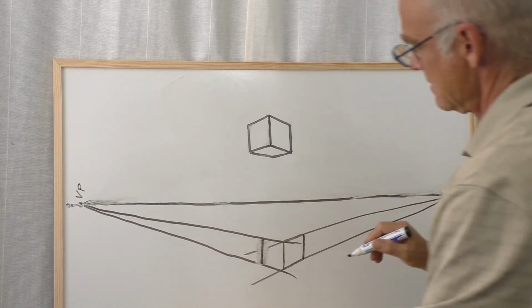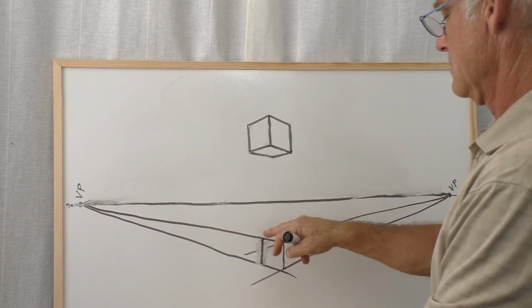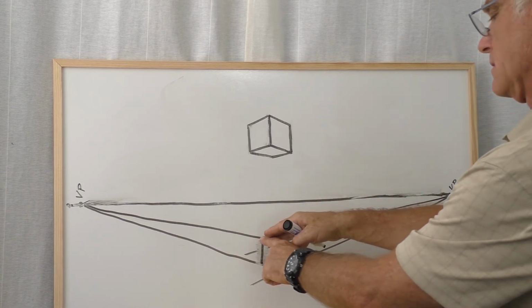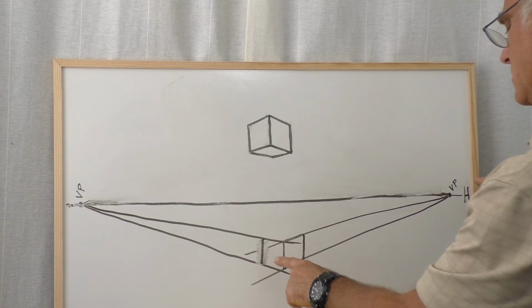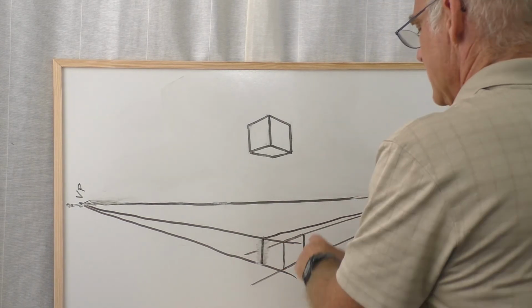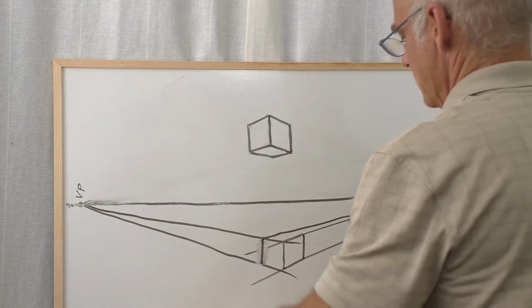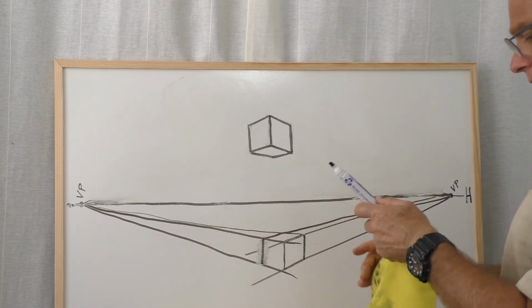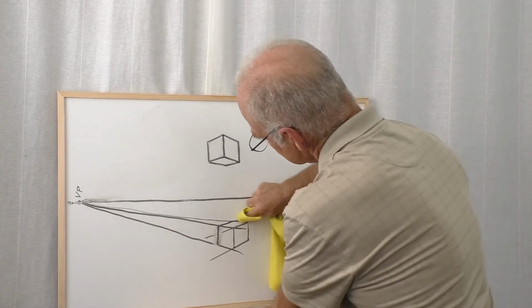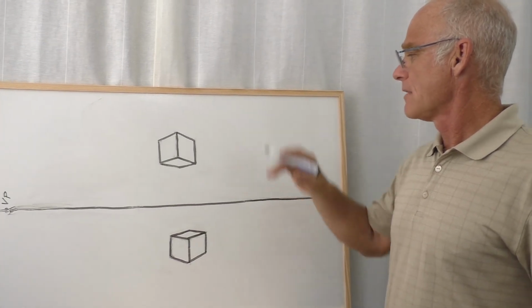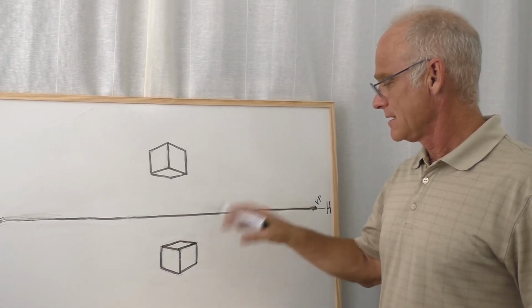Okay, once again, the point from this corner is going to create a line that goes to the far vanishing point. The same thing with this corner. The vanishing point's over there. Okay, so I'll clean that up. Okay, so that's a cube above the horizon and a cube below the horizon.